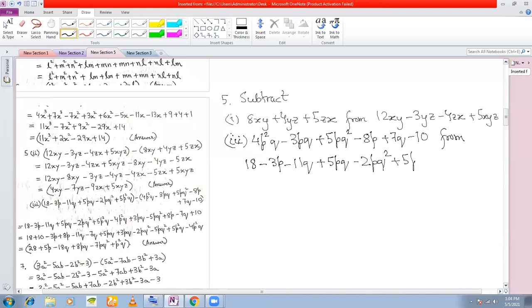This was the question. Okay, while solving, first we shall introduce brackets.